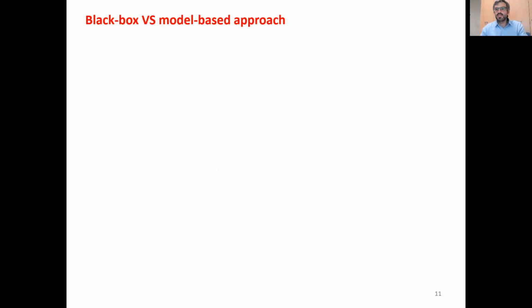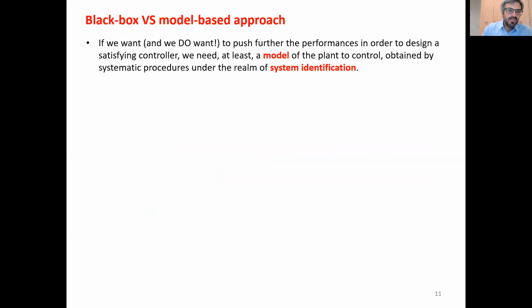But of course, this is not the smartest thing to do. Having such a simple controller, we can do better. And doing better is related to the fact that if we want to push the performance, we want to use a model of the plant to design our controller.